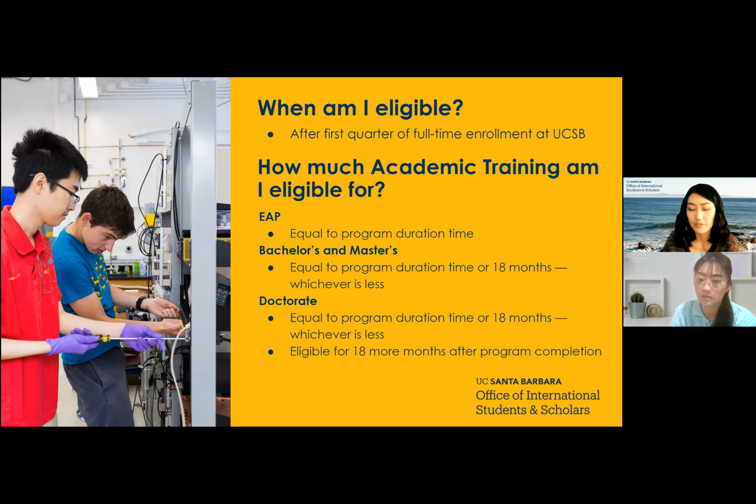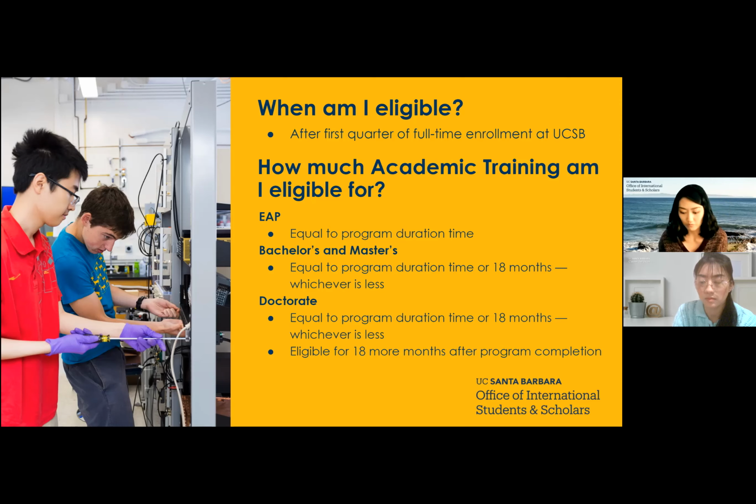Bachelor's and master's students are eligible for academic training equal to the program duration time or 18 months, whichever amount of time is less. And lastly, our doctorate students: equal to the program duration time or 18 months, whichever is less, but also eligible for 18 months more after program completion.